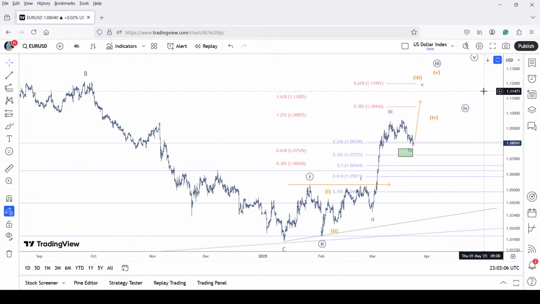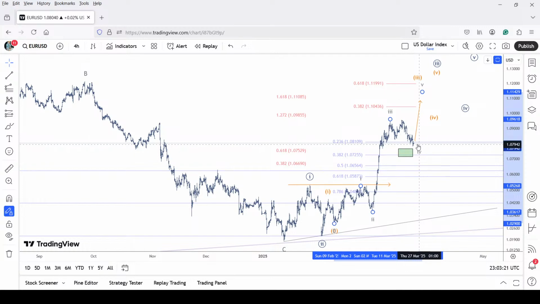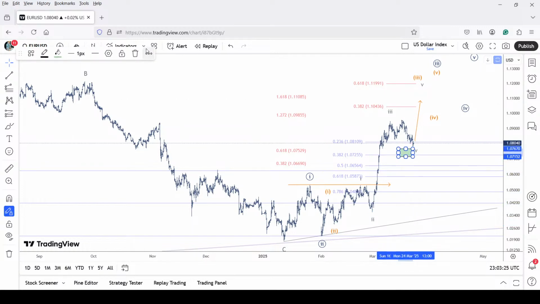Okay, and within that minute wave 3, we've got wave 1 and 2, and then again 1 and 2, 3, 4. So that is the sub-minute wave 4 possibly in place. We can get rid of that orange box.